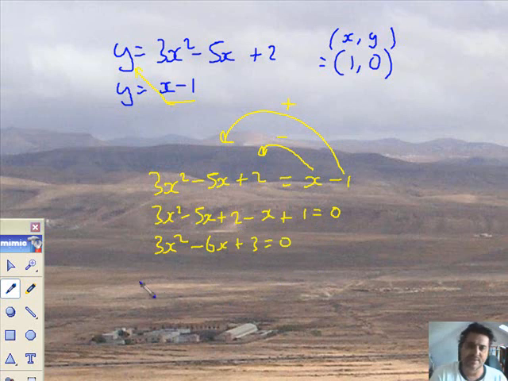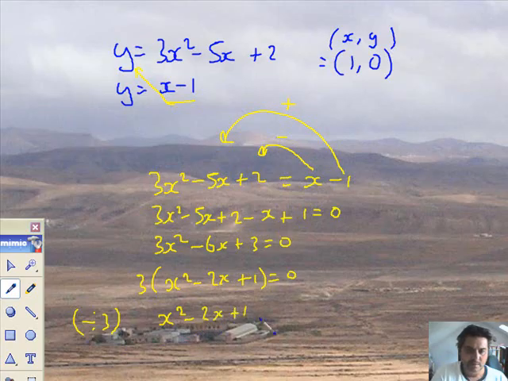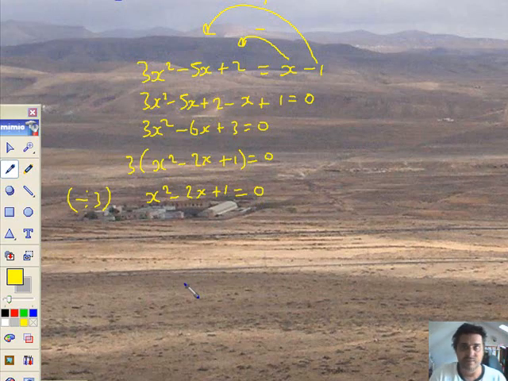If you factorize it, take the 3 out, I've got 3 lots of x squared minus 2x plus 1 equals 0. If you divide both sides by 3, you end up with x squared minus 2x plus 1 equals 0, because 0 divided by 3 is still 0. It's a really easy equation.